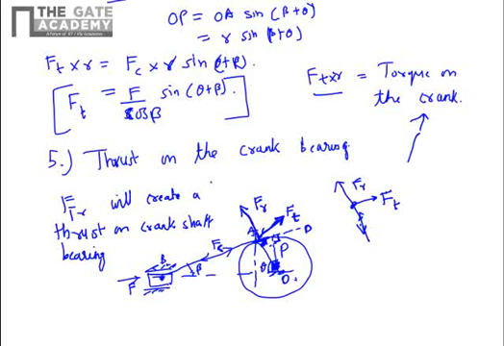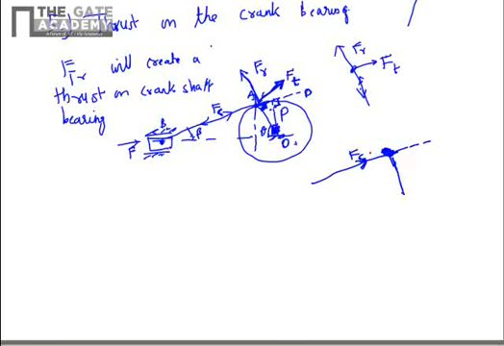So if you consider the same velocity diagram, the force balance diagram at the crank pin. At the crank pin, Fc is coming in this direction, that is the force from the connecting rod. This is the crank, and Fc makes an angle theta plus beta with respect to the crank. The component of Fc along the crank will be Fc multiplied by the cosine of the angle between the two lines, so cosine of theta plus beta.